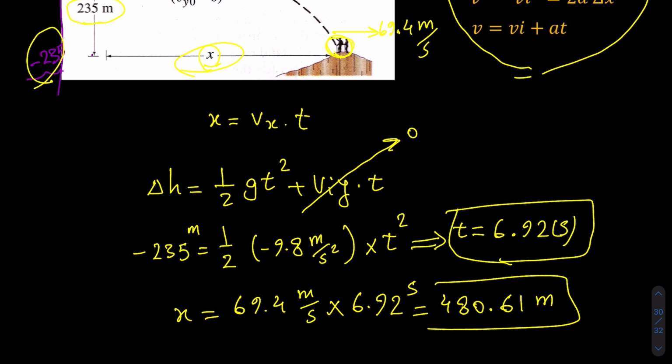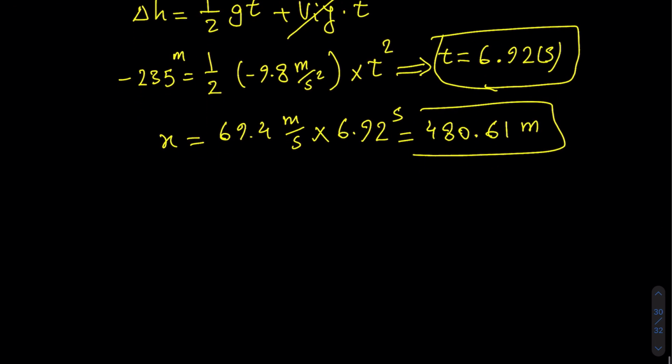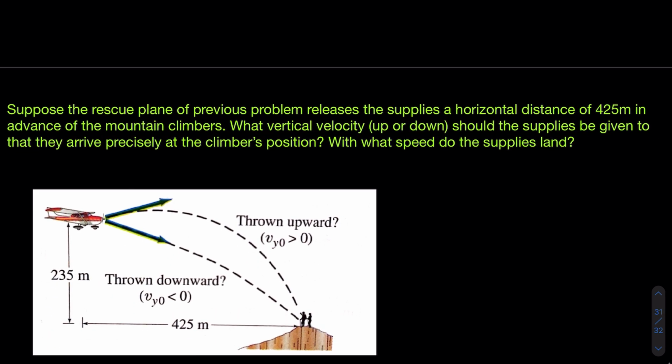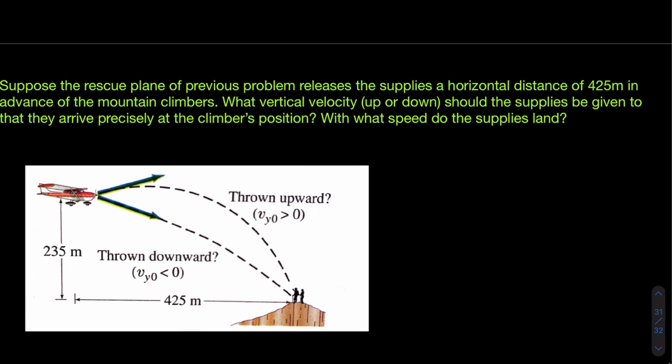Okay, now we will move to the other problem. It's quite connected to the previous problem. It says, suppose the rescue plane of the previous problem releases the supplies a horizontal distance of 425 meters in advance of the mountain climbers.